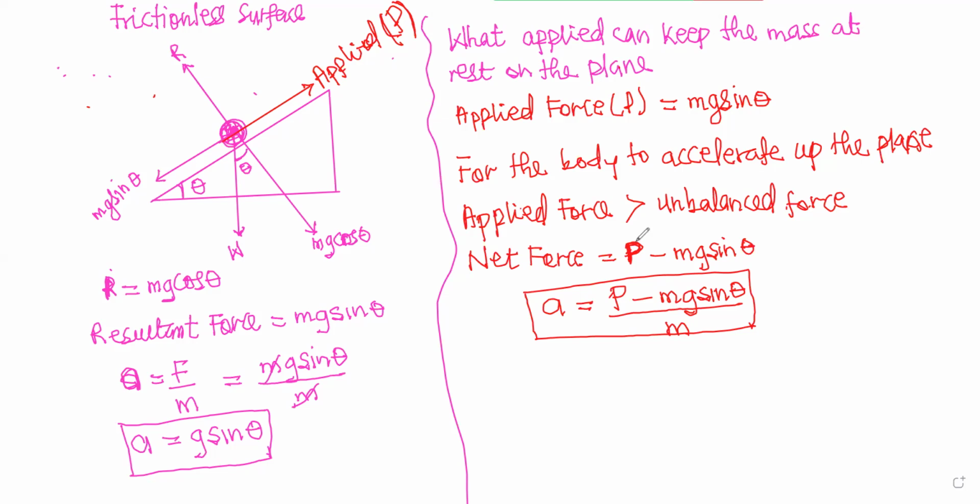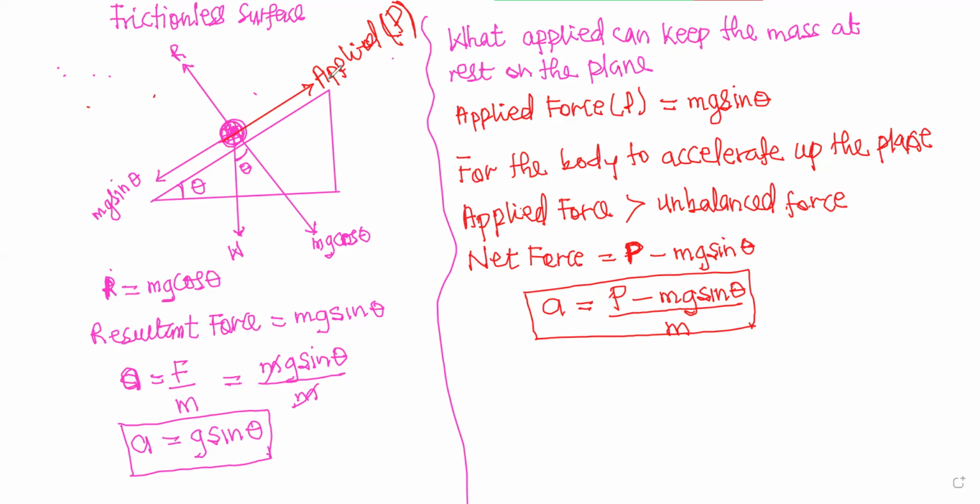Calculate I, the reaction force perpendicular to the plane, II, the resultant force acting down the plane, and III, the acceleration of the body. Take g to be equal to 10 meters per second squared.